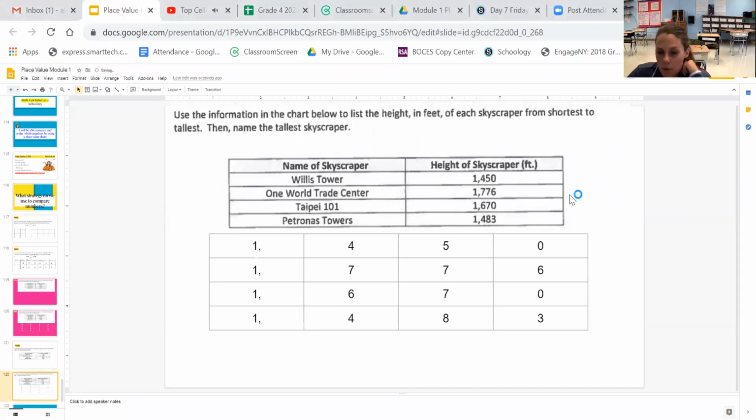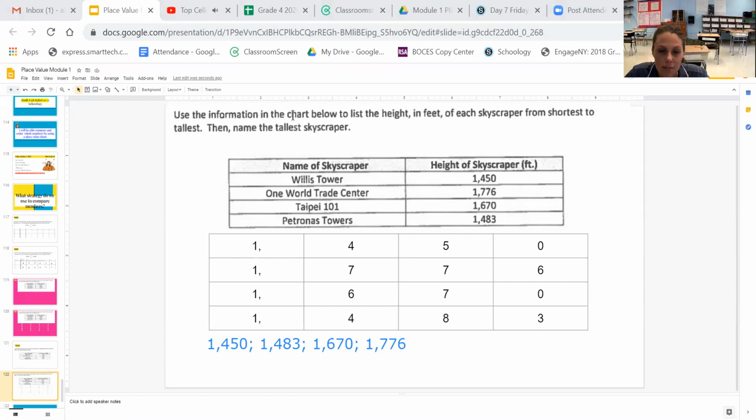All right. Hopefully you put them in order, and we're going from smallest to biggest. And I'm just going to type out the answer for you so you can double check your work. We have 1,450; 1,483; 1,670; and the tallest, 1,776.